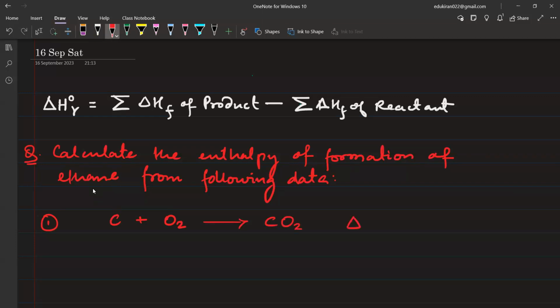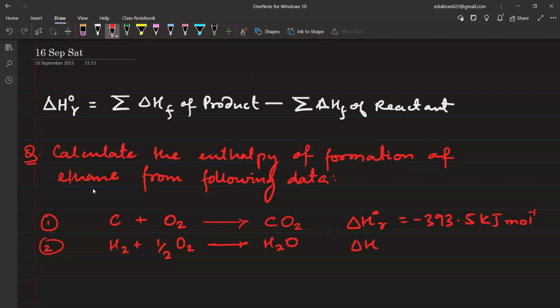The enthalpy of this particular reaction is equal to minus 393.5 kilojoule per mole. Second data that you have been given is when hydrogen reacts with half of O2, it gives water, and the enthalpy of this reaction is equal to minus 286 kilojoule per mole.